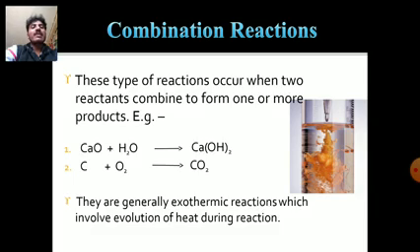The reactants contain two elements, which are converted into one product. This process is known as the combination reaction. For example, calcium oxide reacts vigorously with water to produce slaked lime, releasing a large amount of heat.